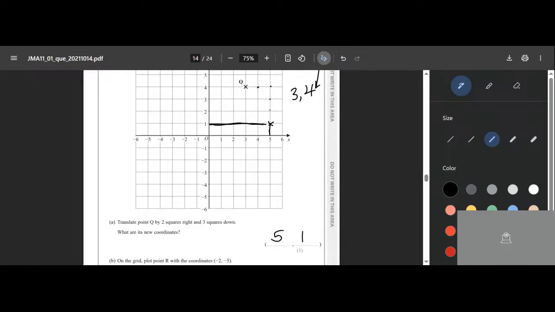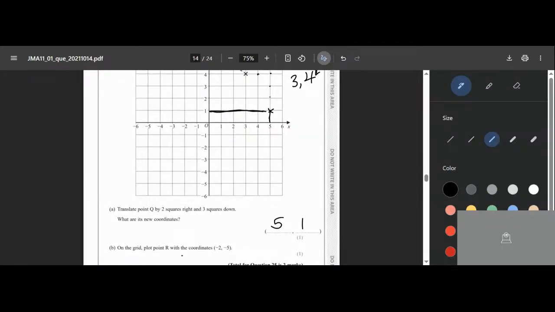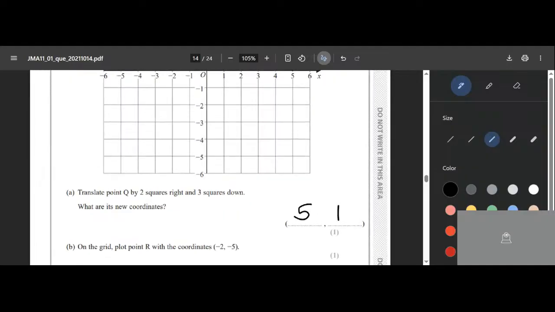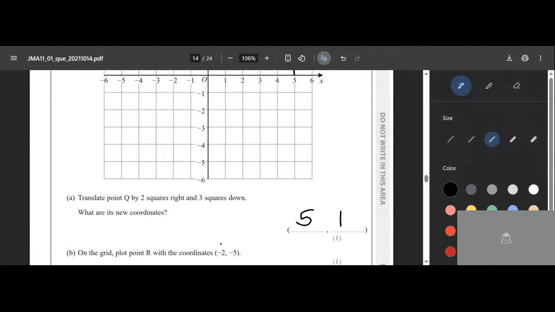Then we are told on the grid, plot R with the coordinates -2, -5. So the first one is x, and the next one is the y-axis. So on the x-axis we have -2 here, and on the other one we have -5 here. So where are they meeting? They are meeting at this point.